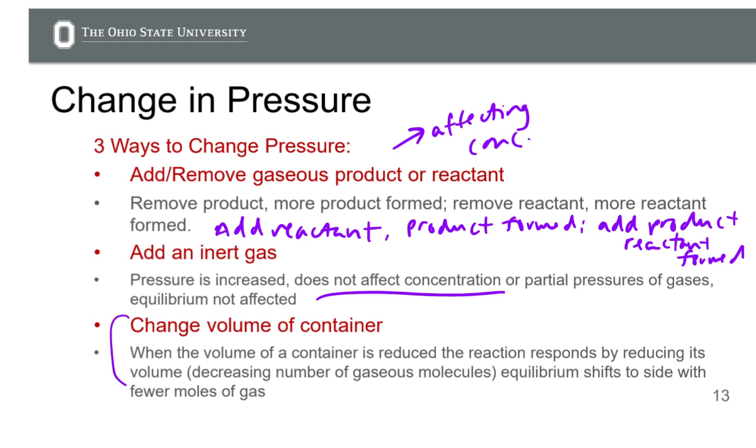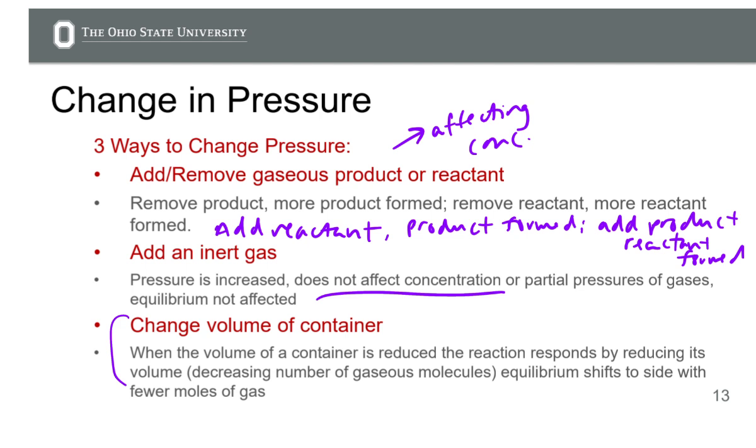And then the third one we just looked at, changing the volume. Yes, Garrett? With adding the gas, it would increase the pressure, so why doesn't it change? It increases the pressure on the container, but because everything's in the gas phase, it's unlikely to force those molecules closer together enough that it causes a change in equilibrium.